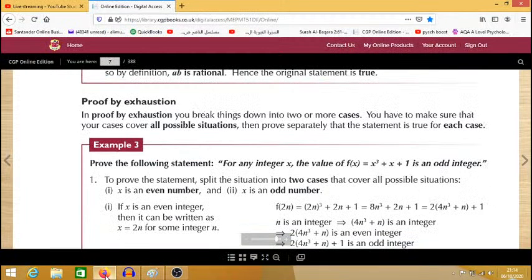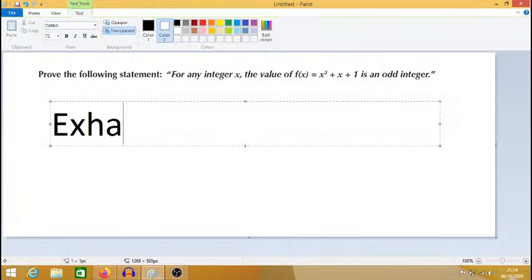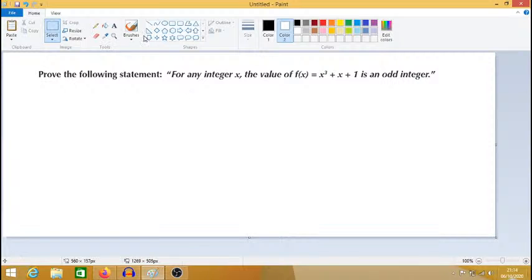If you're only breaking it down into two categories, but there's actually a third category, then you're not doing the exhaustion properly. Exhaustion means you're exhausting all the possibilities and you're making sure you're not missing anything.